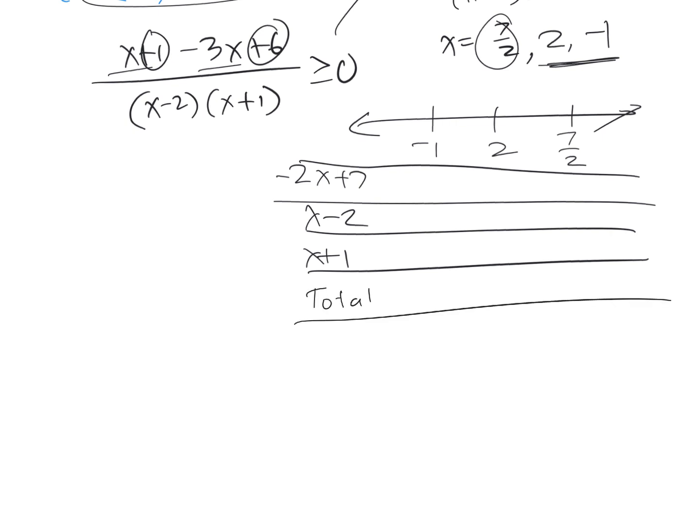Okay, so what confused me was that you put these super dark lines and then underneath it you would have some other thing. Okay, so I was saying that it's not necessary, but it's to understand where your fraction bar is in the problem. So -2x plus 7 was in your numerator, and the x minus 2 and x plus 1 was in your denominator.